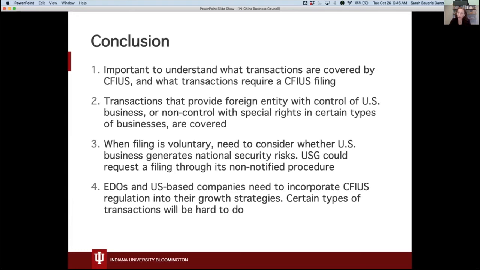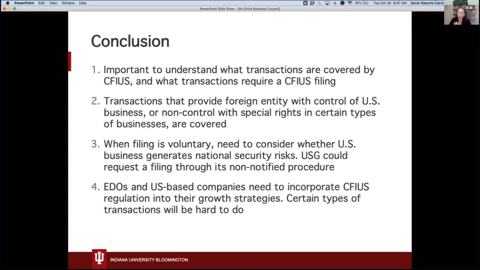Yes, so if you just go to the U.S. Treasury's website and look at their page on CFIUS, Treasury does release an annual report on CFIUS in which it provides information about the country of origin of filers, as well as the industry of filers.